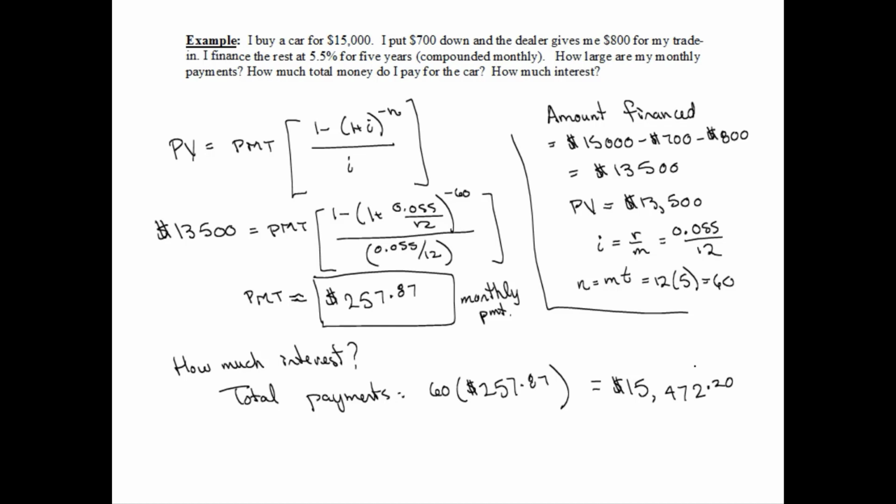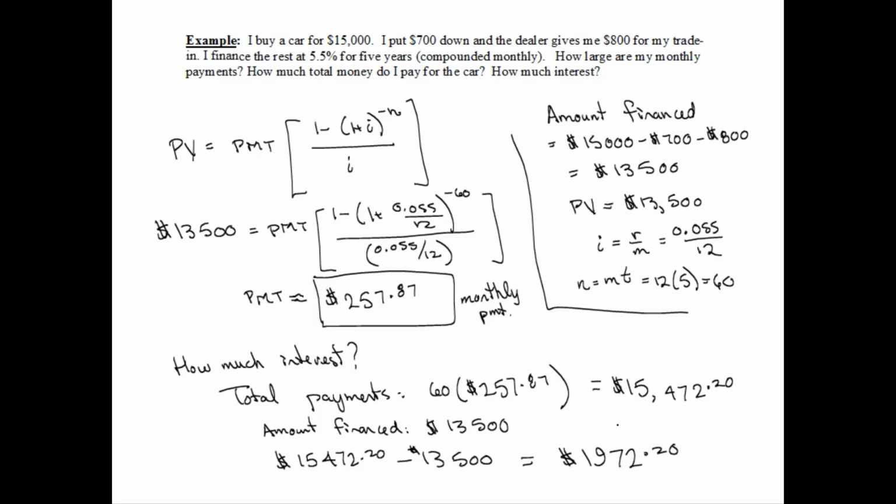If you wanted, you could add your $1,500 down payment to this and then subtract the price of the car, or you could subtract the amount financed. My amount financed was $13,500. So I'll do the total of my payments minus the amount I financed, and I should end up with $1,972.20. So I paid almost $2,000 in interest on this car.